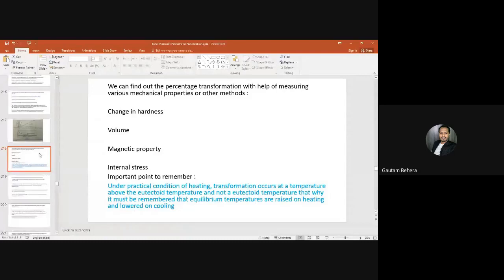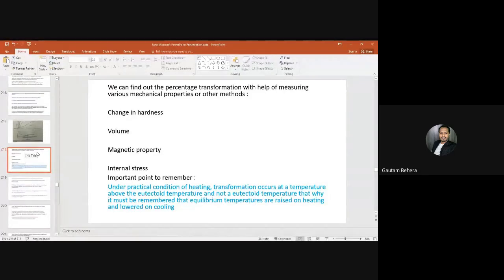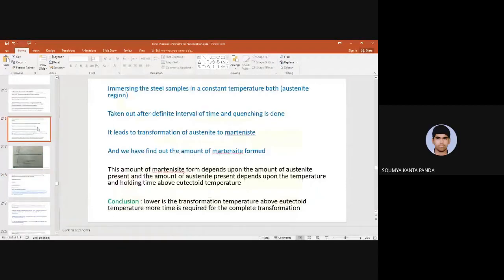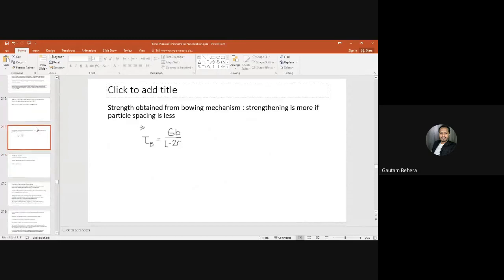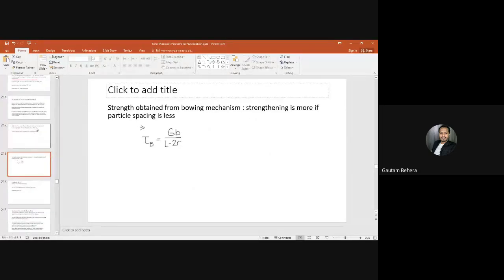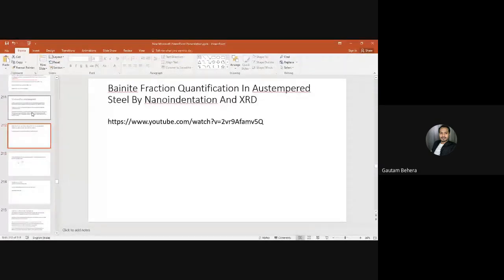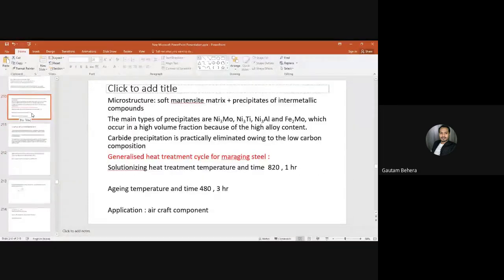Okay, in austenite, it is not present in the voids. Yes, sir, in voids also. So what happens to the carbon when we do quenching? That means the carbon does not find any time to escape, right? It forms a martensitic structure.